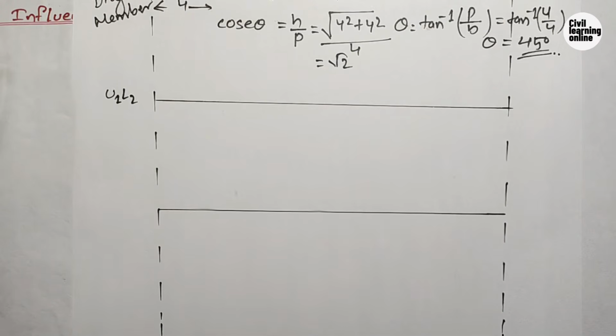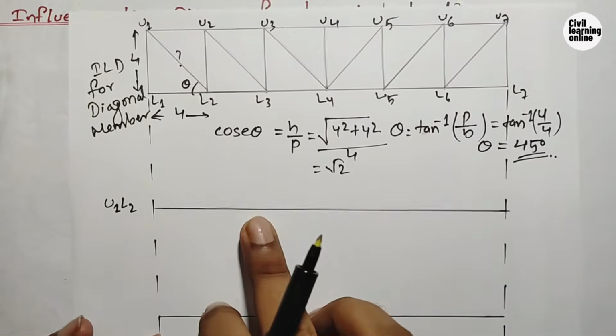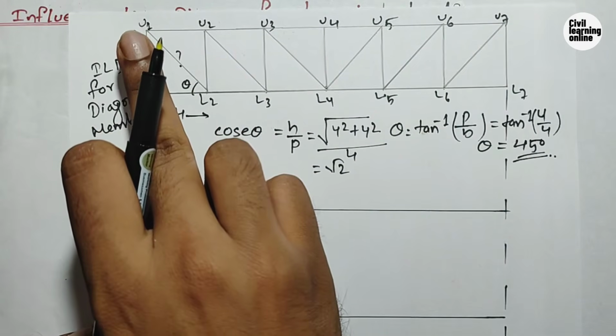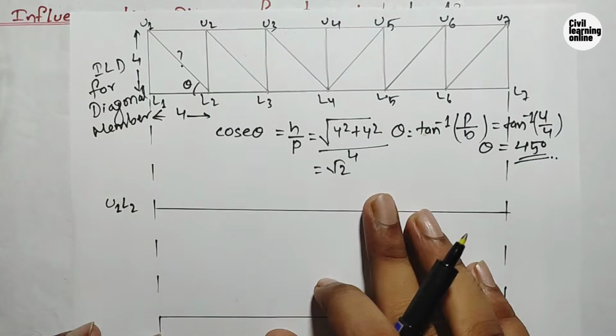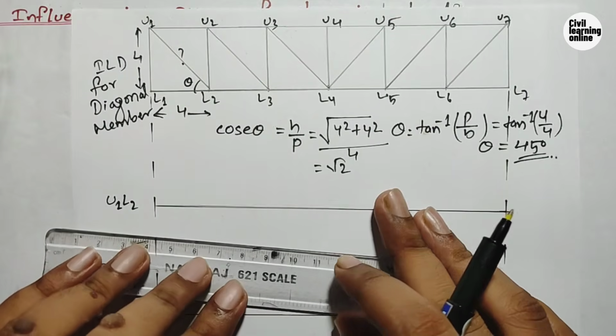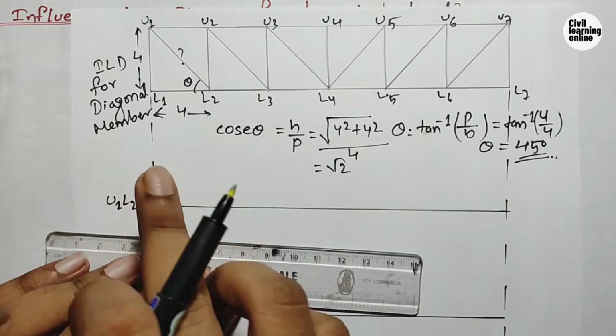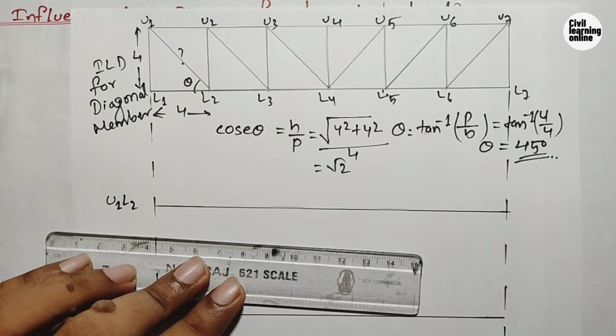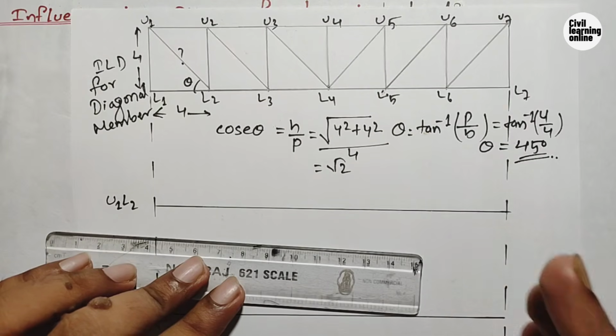So guys, here you will see that the load transferred by the diagonal member U1 L2 will be at L2. And one thing more, the influence line diagram for the diagonal member will be a part of the reaction at the support.